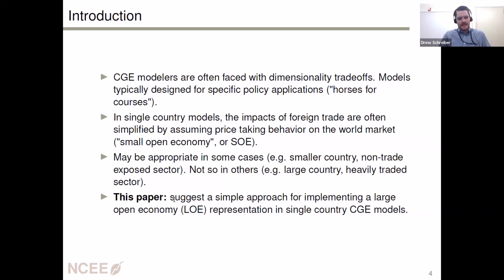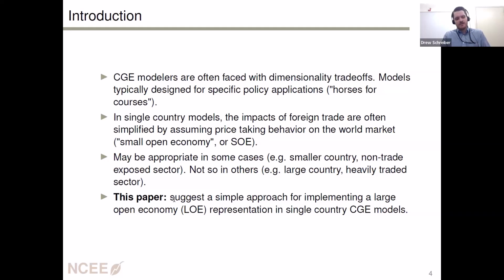Specifically in non-trade modeling applications, this is a convenient assumption that can be made to analyze domestic policy impacts. This can be appropriate in some cases, say in smaller country applications, non-trade exposed sectors, but maybe not in others.